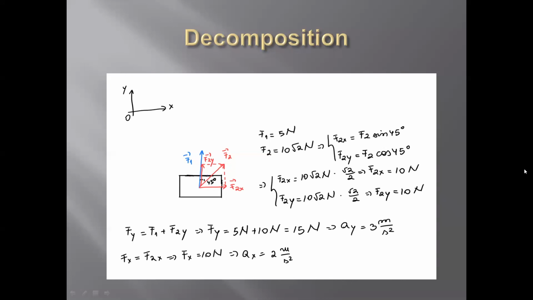Then just dividing by 5, we find the acceleration of the body along the y-axis would be 3 meters per second squared. Now, along the OX-axis, things are a little bit simpler because we only have the component of F2, which we already know was 10 newtons, which will then give an acceleration of 2 meters per second squared along the x-axis.